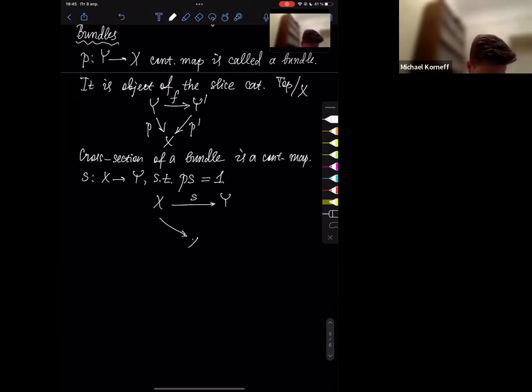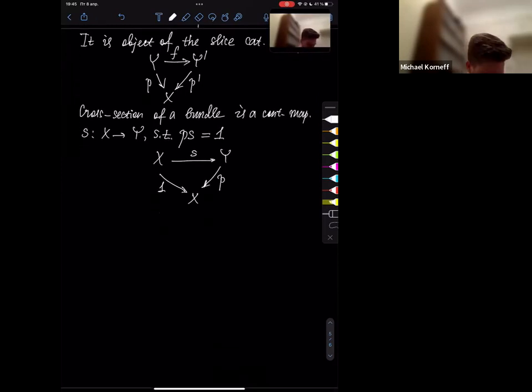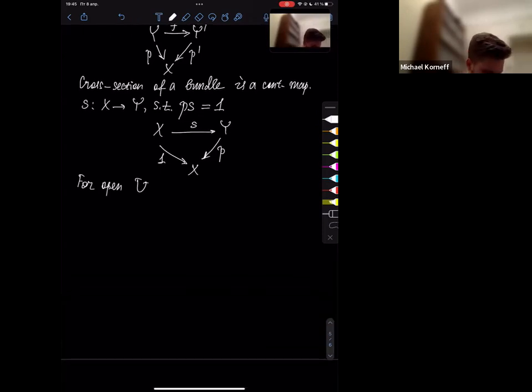We have a map from the identity map to the bundle map. Okay, and for open U we can form an interesting object.